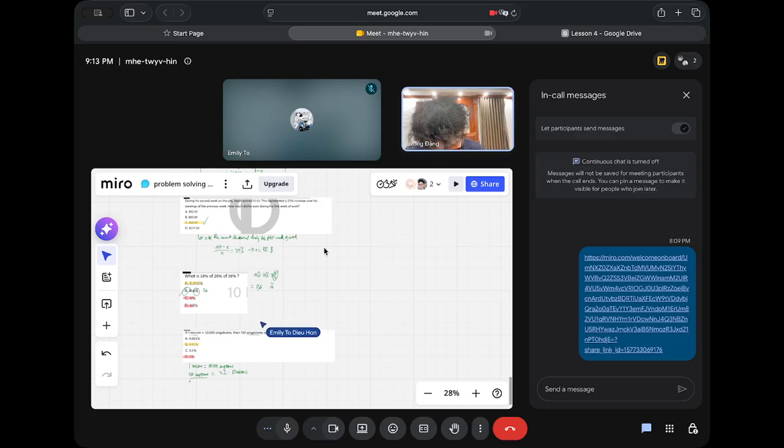So 100 here and 10,000, so we have 10,000 angstroms equals 1,000 x percent microns, right? And we already know that 1 micron equals 10,000 angstroms, so it also equals microns.